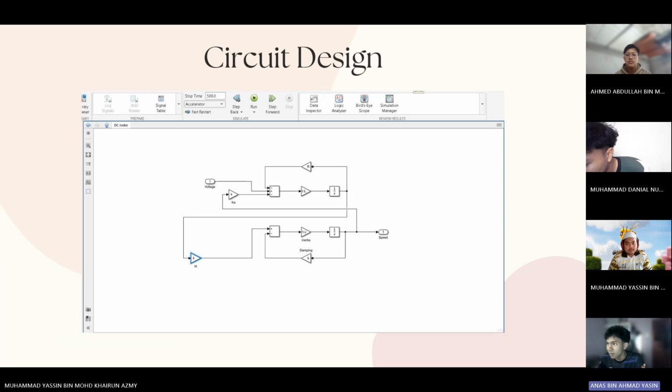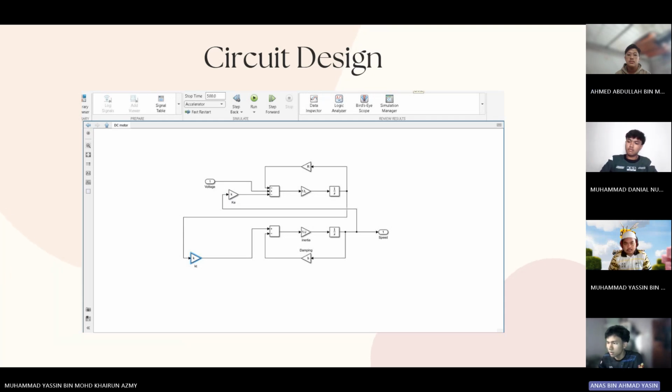This torque drives the rotor and is applied to a system that models inertia and damping. The result of this mechanical effect is the output, the angular velocity of the rotor, which is labeled as speed. And last is the feedback loop. The angular speed is fed back into the top portion to compute back EMF using the constant Ke.